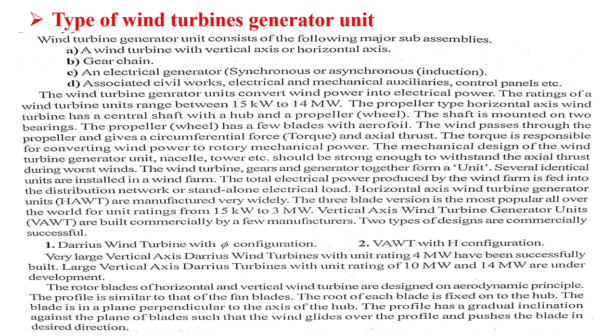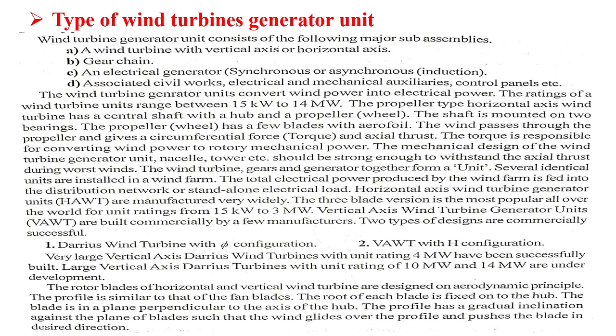Horizontal axis wind turbine generator unit, HAWT, are manufactured very widely. The three blade version is the most popular all over the world for unit rating from 15 kilowatt to 3 megawatt. Vertical axis wind turbine generator units, VAWT, are built commercially by a few manufacturers.